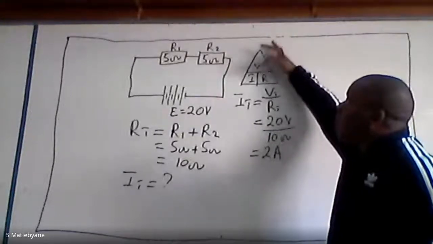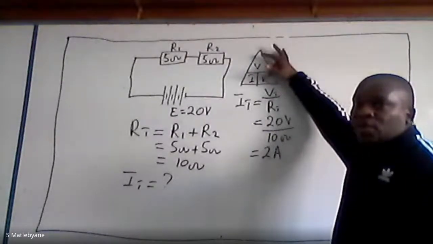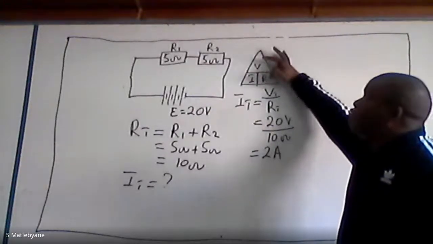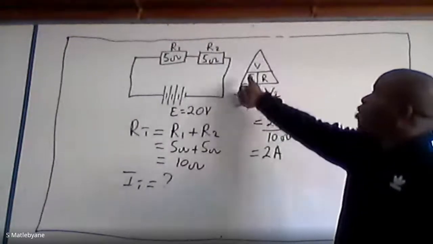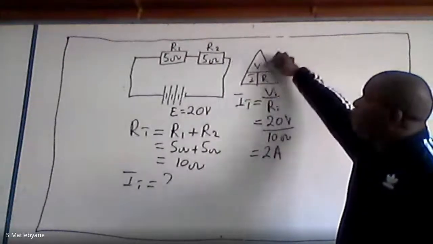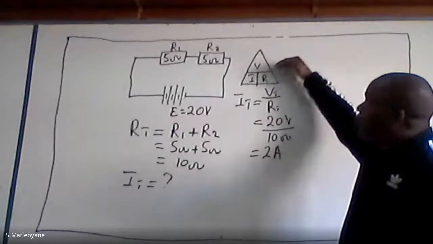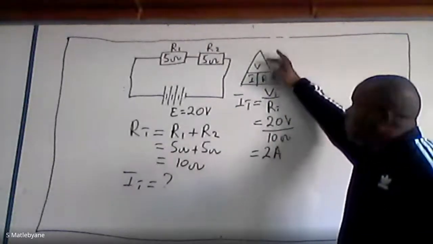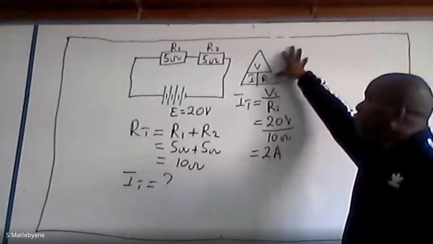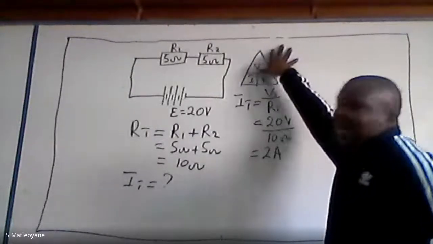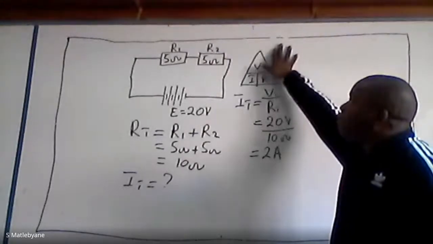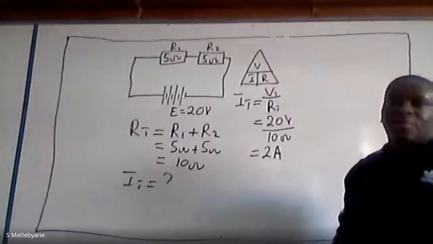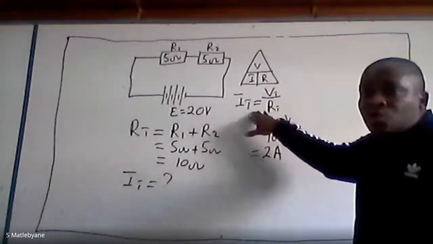When you block V, you are left with I and R, meaning that V will be equal to I multiplied by R. If you are calculating current, you simply block I. When you block I, you are left with V and R. This line will mean division, so you will divide voltage and resistance. When you are calculating resistance, you block R, then you are left with V and I, so you divide voltage and current. So this is the formula for calculating current.